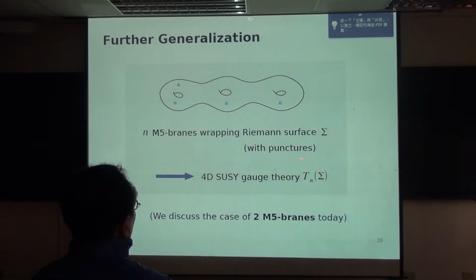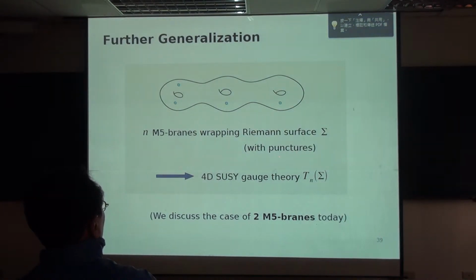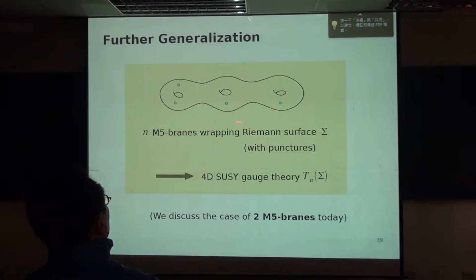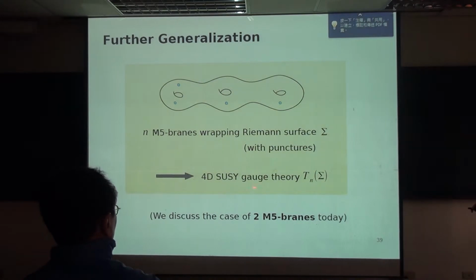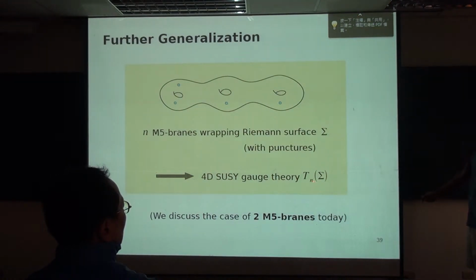It turns out, this is a discovery by Gaiotto, that if we compactify N M5 branes on such a general Riemann surface, then we get a 4-dimensional supersymmetric gauge theory with N=2 supersymmetry. Gaiotto named the resulting 4-dimensional gauge theory T_N of sigma. N is the number of M5 branes, but already when N equals 2, the theory is interesting.